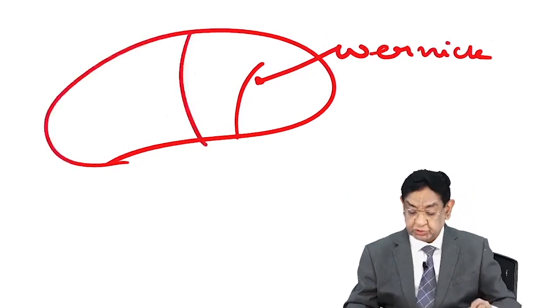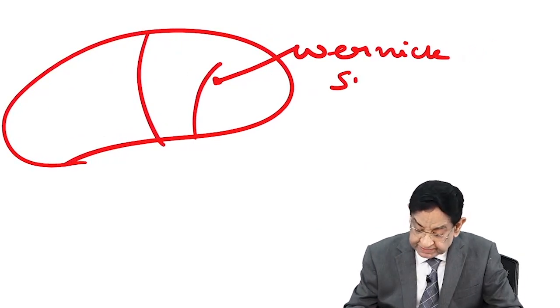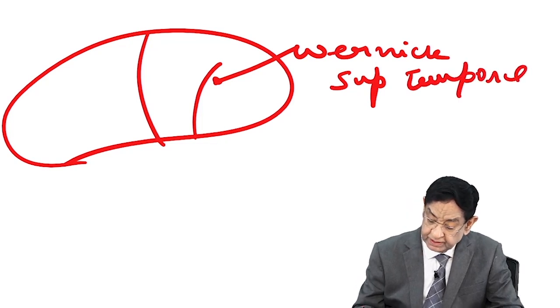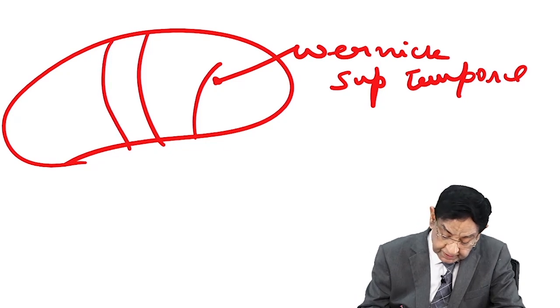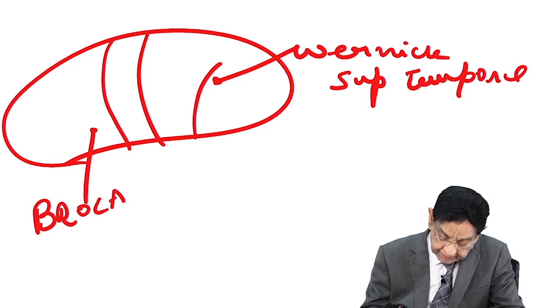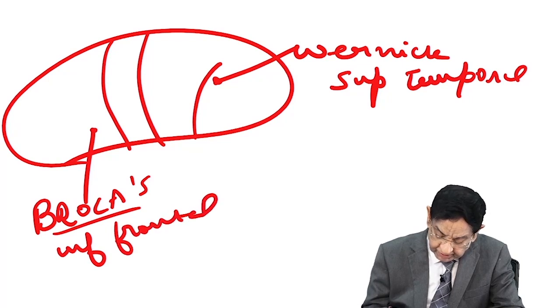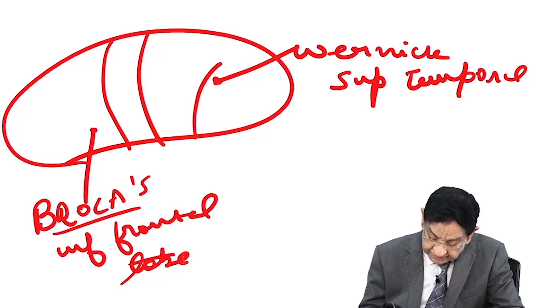It lies in the superior temporal gyrus. And we have a Broca speech area. It lies in the inferior frontal lobe, the inferior frontal gyrus.